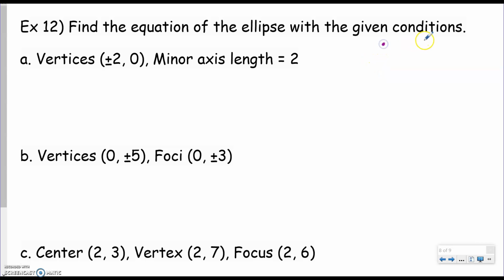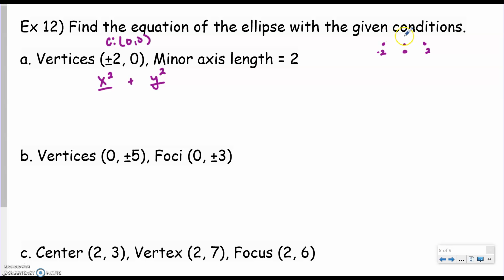And so for this one, vertices, remember, are the ends of the major axis, and the midpoint here is the center. So if I have one at 2 and -2, what's in between those? We've got 0. Okay, so that means our center is at 0, 0. So we're going to have just an x squared and a y squared. And we need to decide then what's below our x and what's below our y.